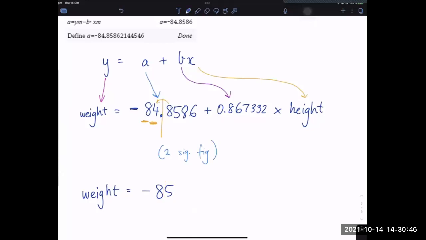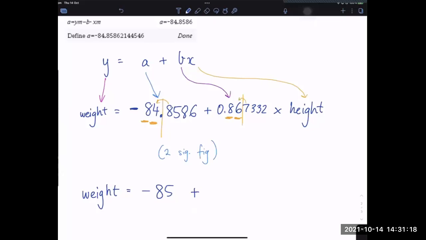So rounding. For the second one, 0. If we start with a 0, that's not a significant figure. The 8 is a significant figure. That's our first one. Next one is 6. That's our second significant figure. However, we have to consider rounding. Since this is a 7, that's 5 or greater, so we have to round up.